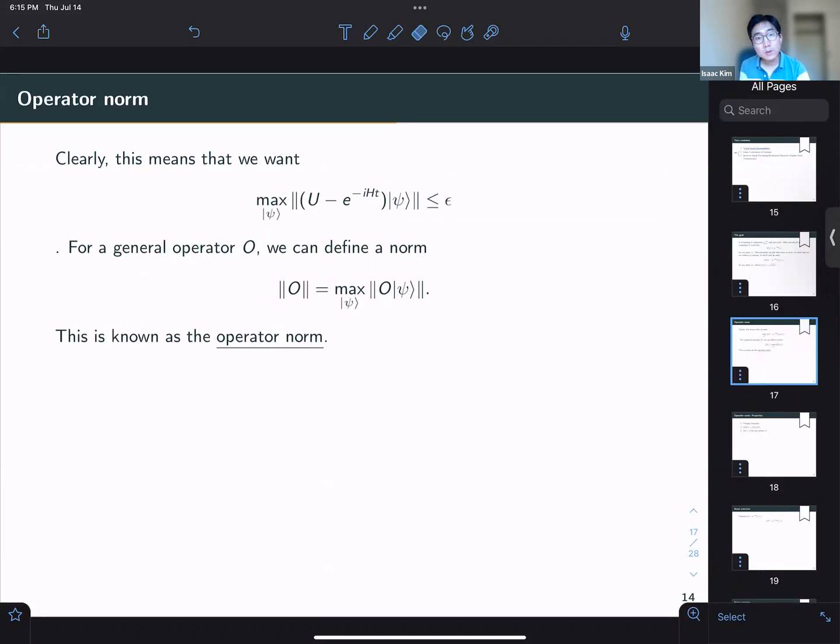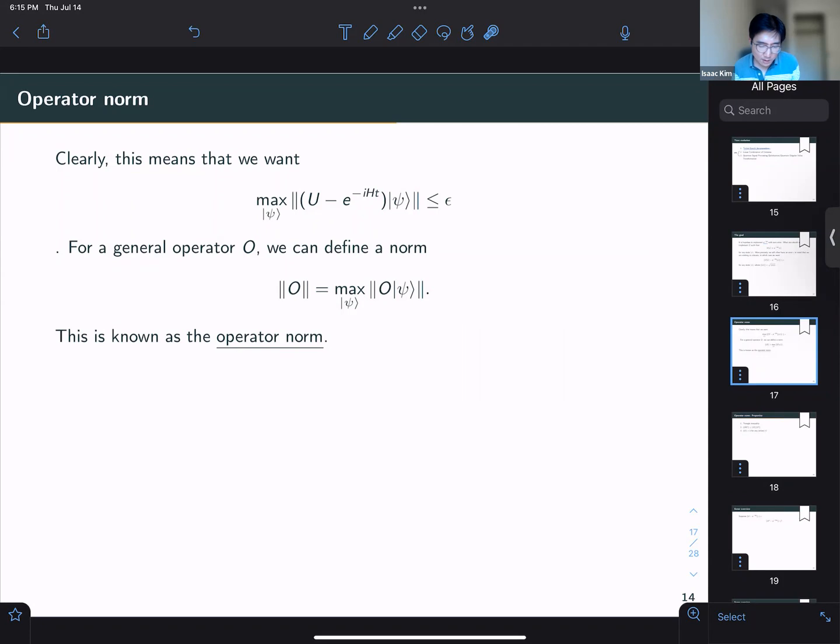To be a little bit more conservative, what we really want is that no matter what the input state is, no matter what the psi is, the action of U and the action of the actual time evolution, e to the minus iHt, are very close to each other, no matter what psi is.